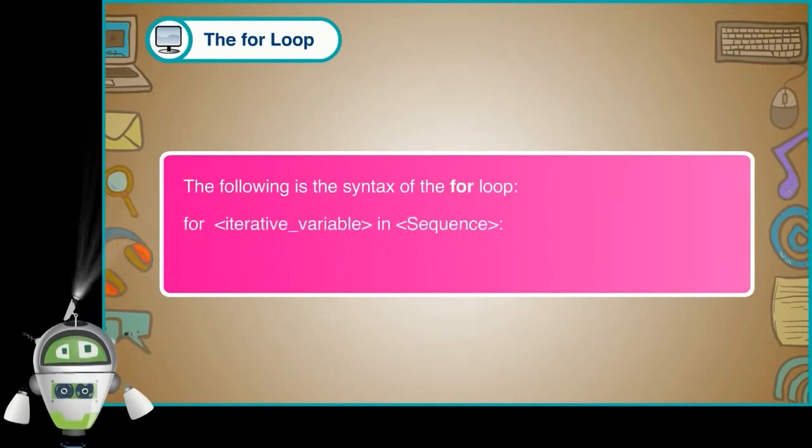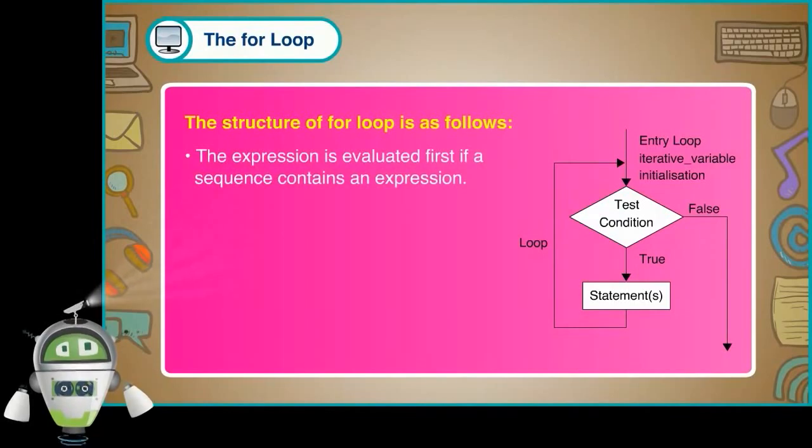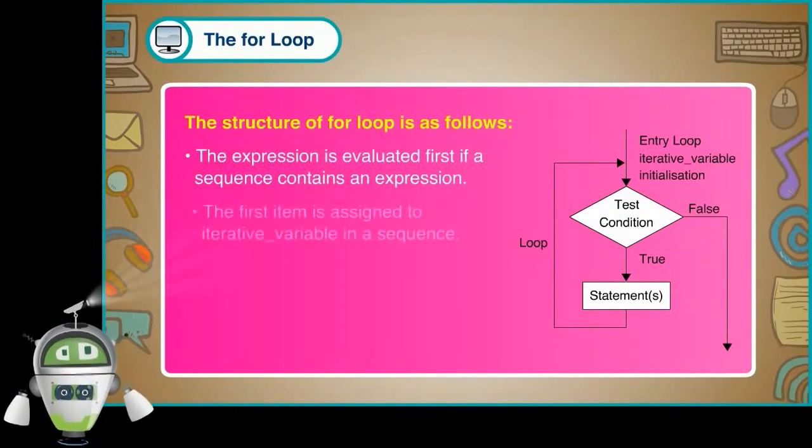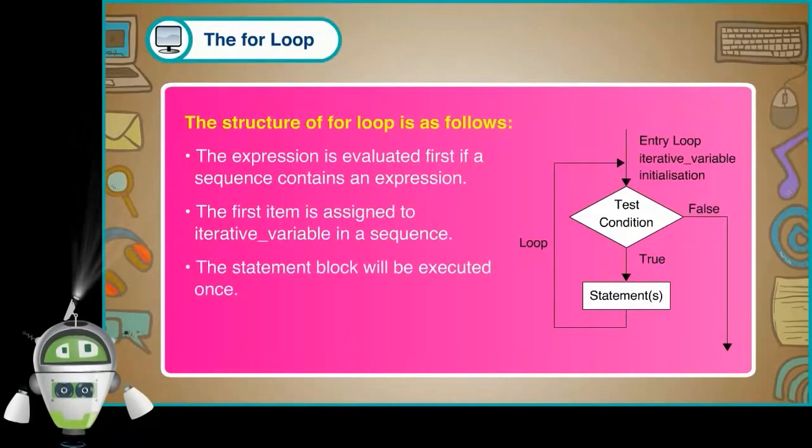for iterative_variable in sequence: statements. The structure of the for loop is as follows. The expression is evaluated first if the sequence contains an expression. The first item is assigned to the iterative_variable in the sequence. The statement block will be executed once.